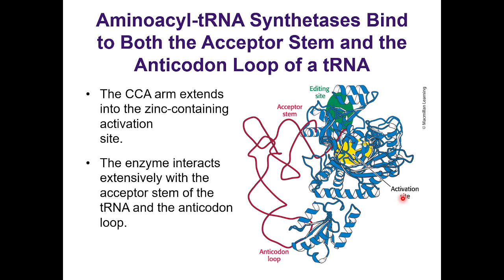The CCA arm is going to extend into your zinc-containing activation site. And right here, we can actually see, this is the editing site, this is the activation site. This right here is that CCA arm. That actually extends all the way in and is actually what flips up and down here.